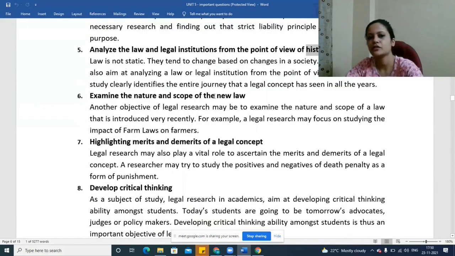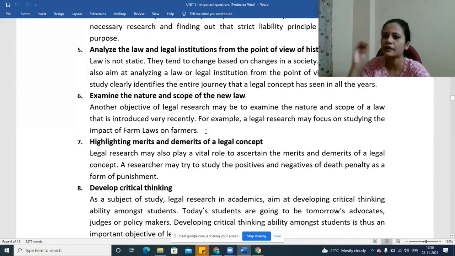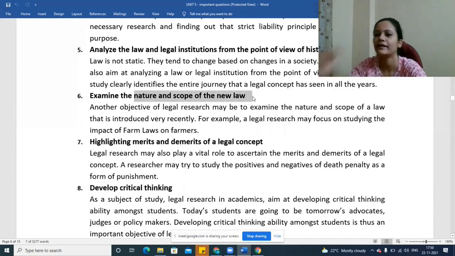Examine the nature and scope of new law. So when a new law is introduced, like these farm laws, people did so much research. What all things are there? What it talks about? What it does not talk about? Everything was discussed. That means they are clearly understanding the nature and scope of a new law, where it applies, whom it will be affecting, and all that stuff.